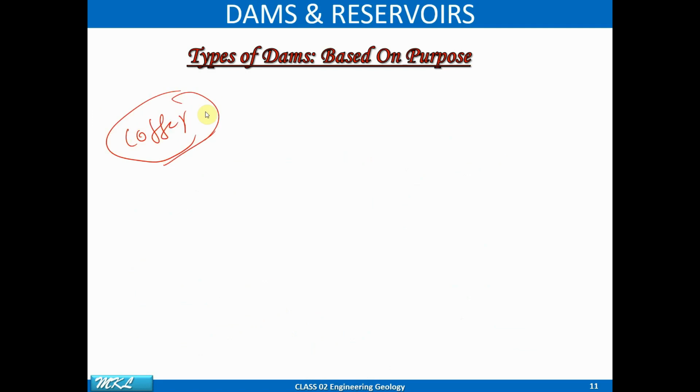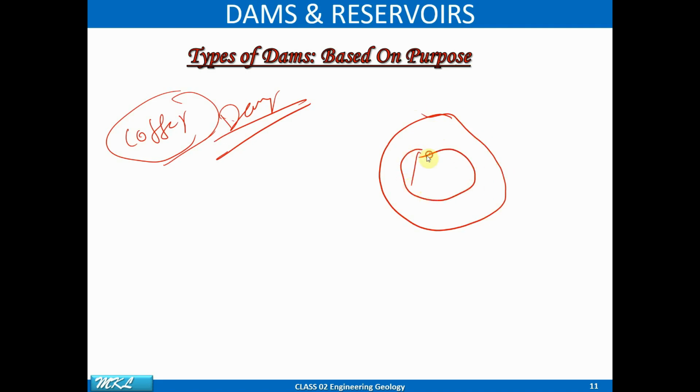Coffer dams are basically constructed... मैं बता रहा हूँ. जैसे कि मान लो कि किसी इस एरिया पे तुम ब्रिज बनाओगे, तो ब्रिज के लिए वो पिलर को क्या बोलते हैं? एक पिलर बनाओगे ना, कंस्ट्रक्ट करोगे मोटा वाला, ठीक है ना, तो उसके लिए तुमको जगह चाहिए और वो जगह पानी से फ्री होना चाहिए. So what you will do, you will build a dam structure surrounding it which will exclude the water.